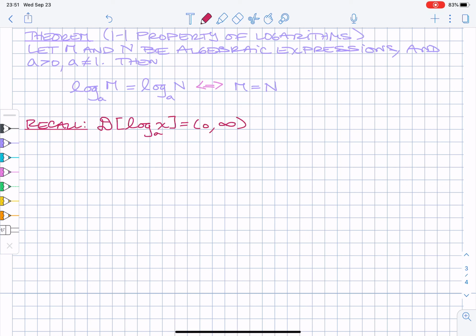So let me do a quick recall. A logarithmic function is going to look something like x and y coordinate axes. We know it's going to intersect the x-axis at 1 and do something like so. And it is asymptotic to the y-axis.